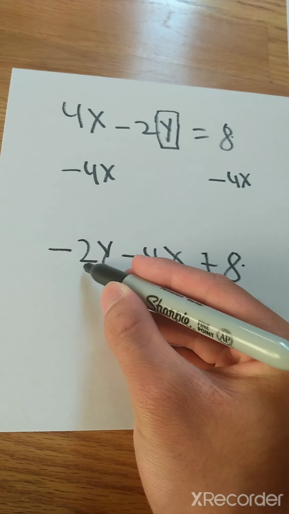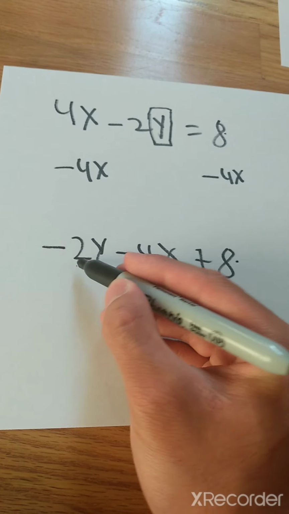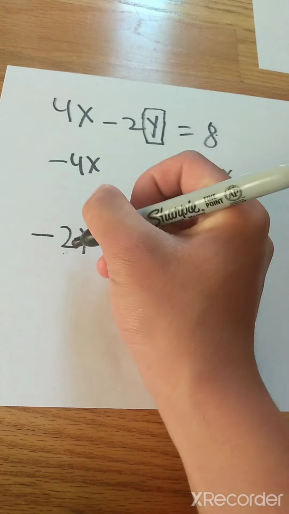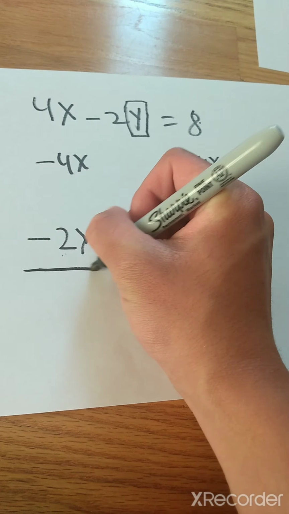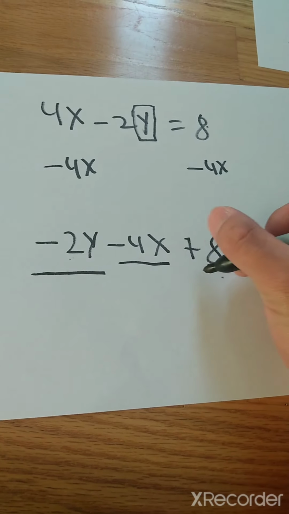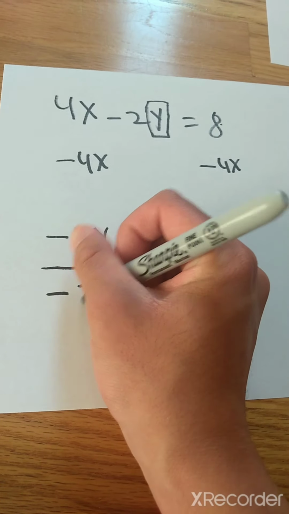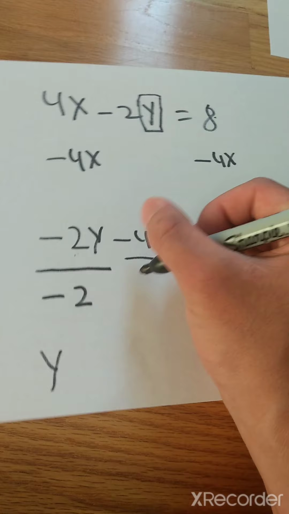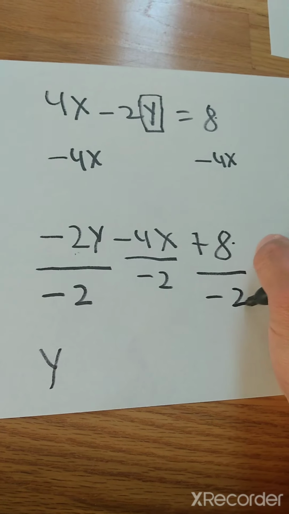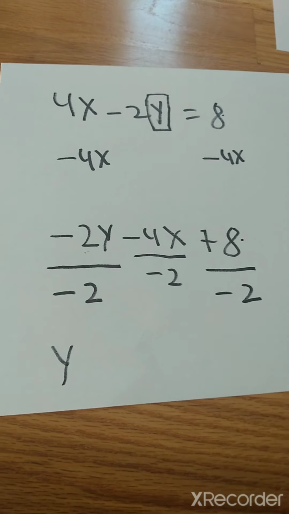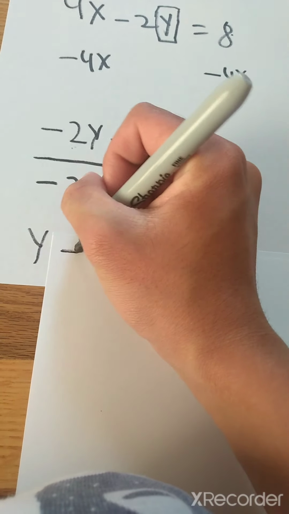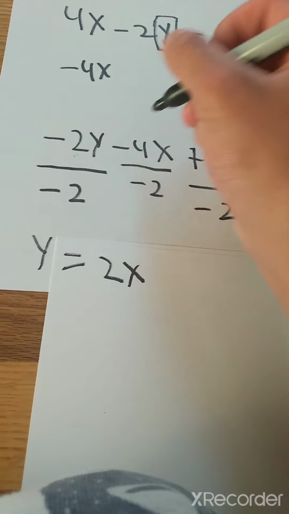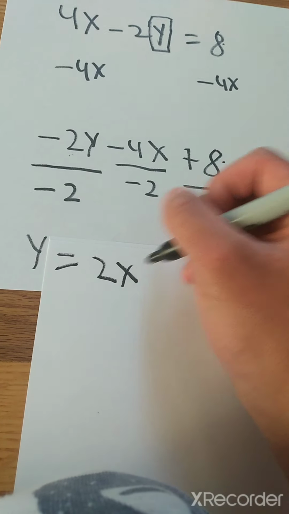The problem with that coefficient of negative 2 is that y is not really isolated yet. We have to divide everything by negative 2. Then y will definitely be alone. So if we divide everything by negative 2, we're going to get y equals 2x, since negative 4 divided by negative 2 is 2.